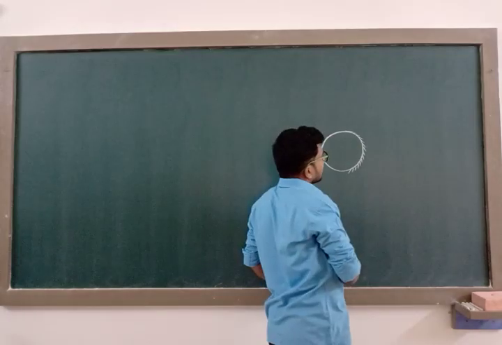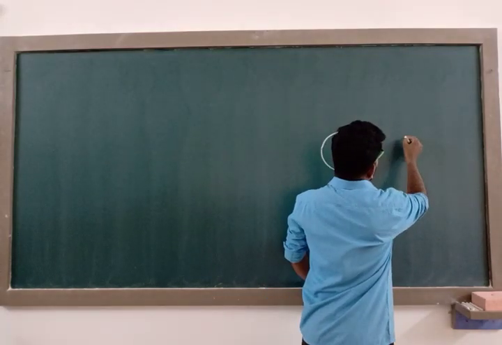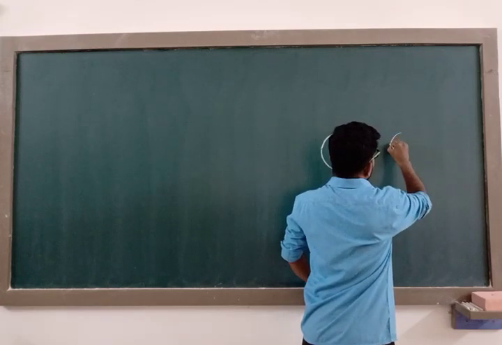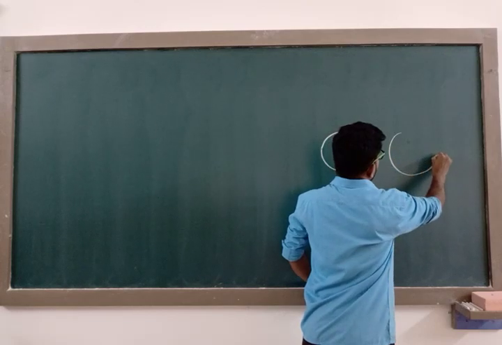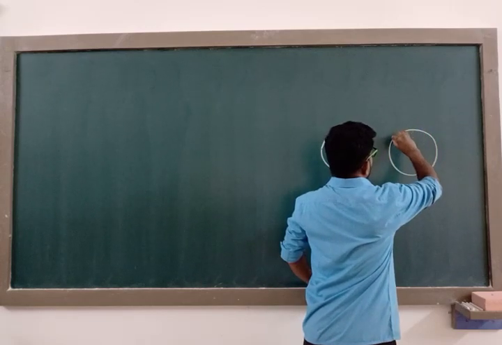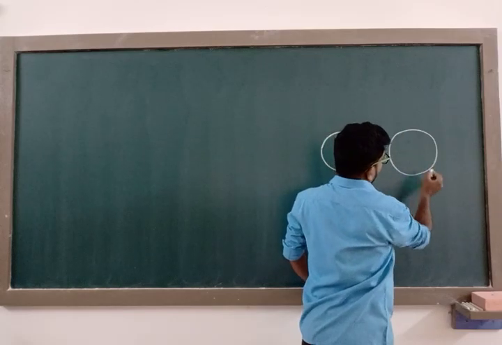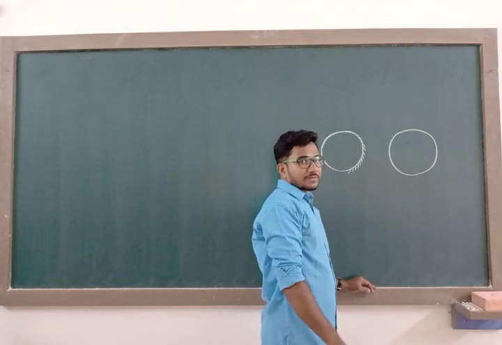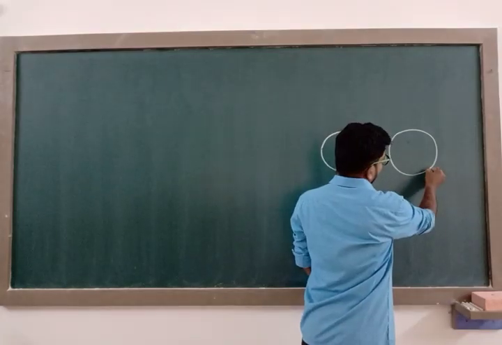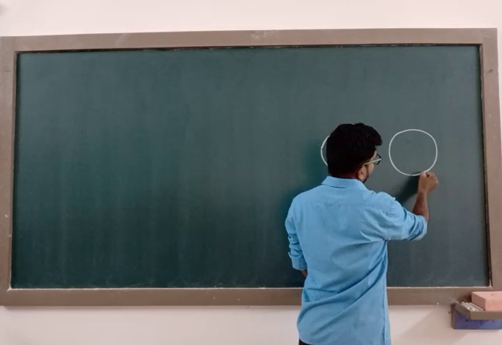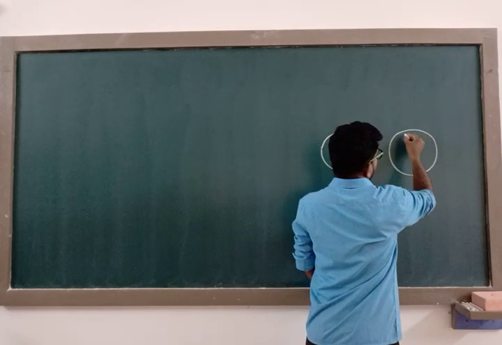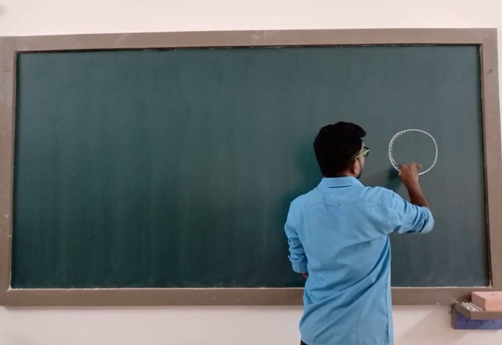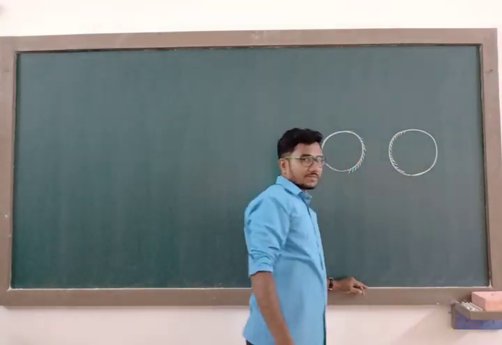Similarly, I am going to consider another hollow sphere. In case of this sphere, inner surface is opaque, outer surface is reflective.